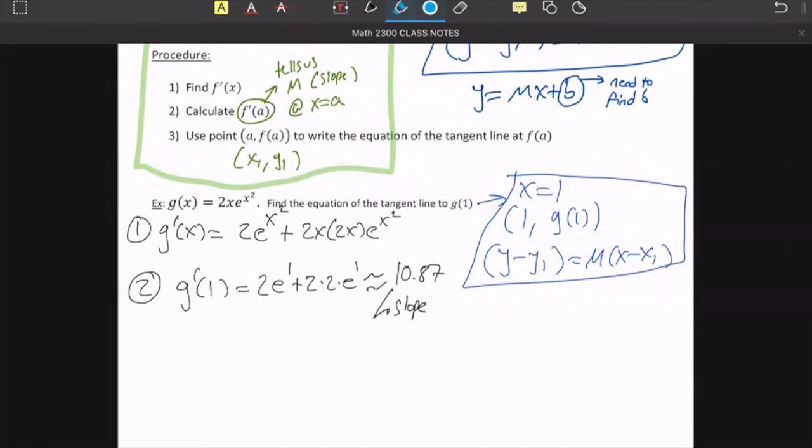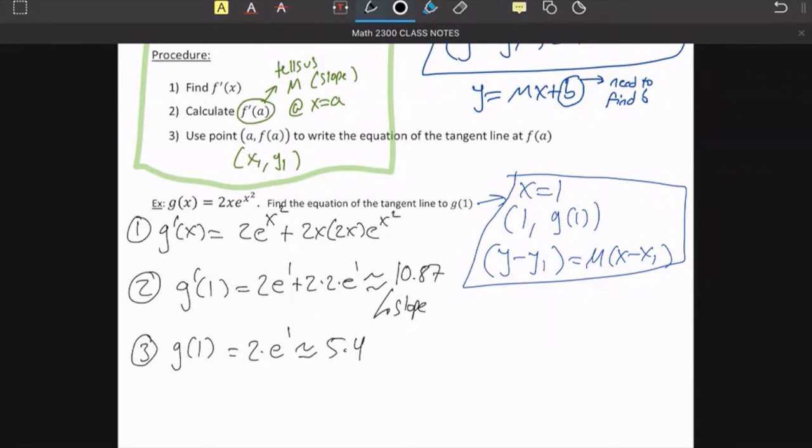So the formula of the line says we need a slope and we need a point. We have the slope, 10.87. We have the x value of the point, which is 1. We just need to figure out the y value, right? That's where plugging in the point comes in. So we plug in 1 into the original function, so it becomes 2e to the 1, which is approximately 5.4.